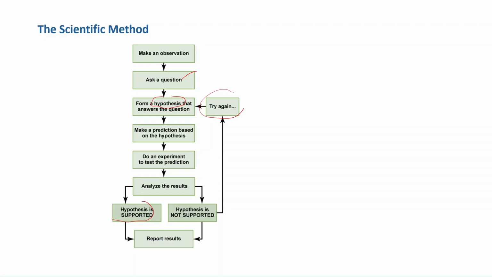Once again, if that's not the answer, you just keep on trying. You make a hypothesis, you test it. If your experiment supports the hypothesis, great. If it doesn't, then you make another hypothesis and you keep doing it until you can explain the result. It's not that complicated.